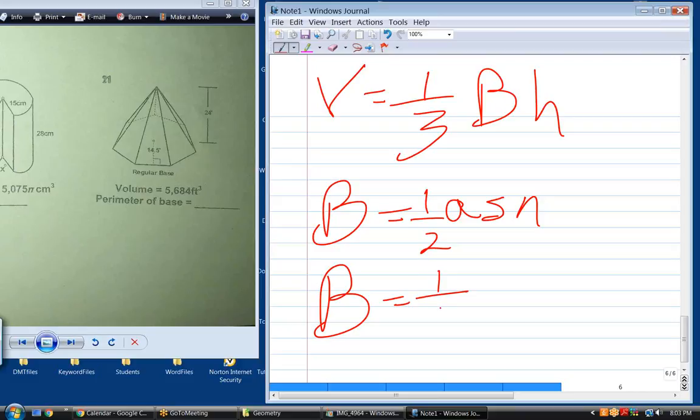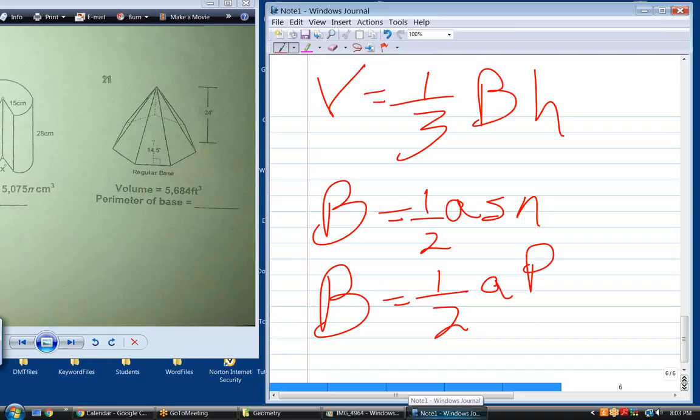What is the capital B in terms of perimeter? S is side length, N is number of sides. So what's the perimeter? The perimeter is S times N, side length times number of sides. Okay, so I can rewrite this thing that way.